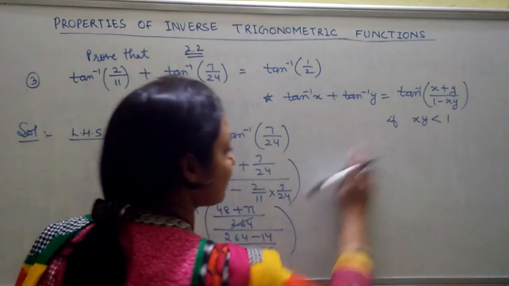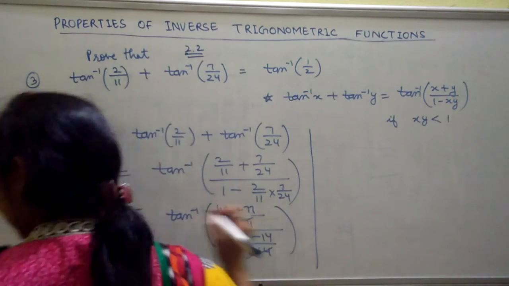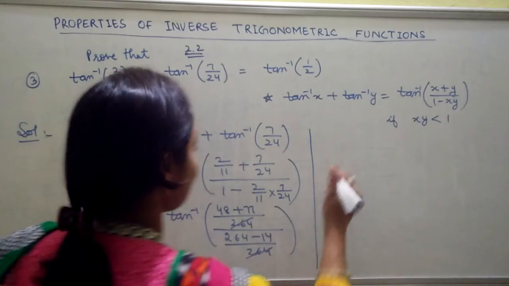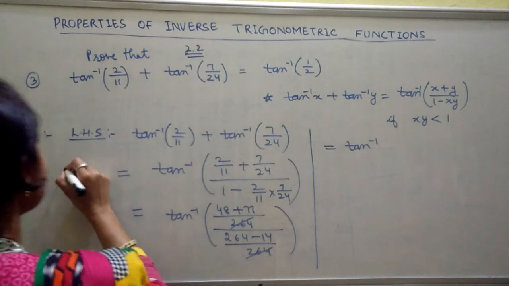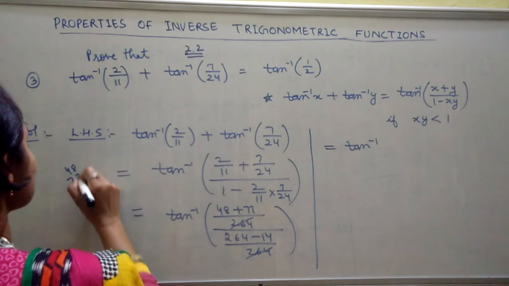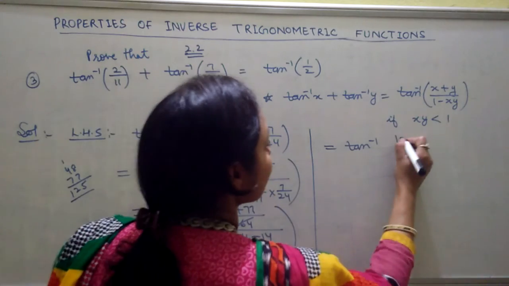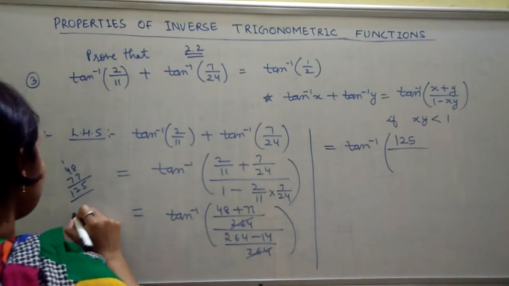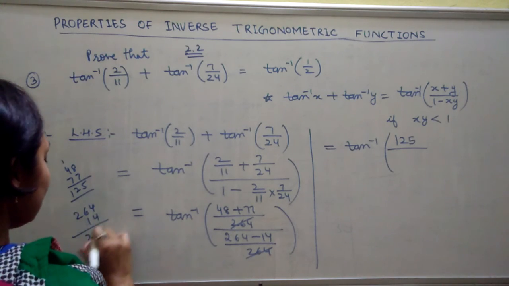Okay. So we have tan inverse of 48 plus 77, 125. In the denominator, after subtracting 14 from 264, we get 250.